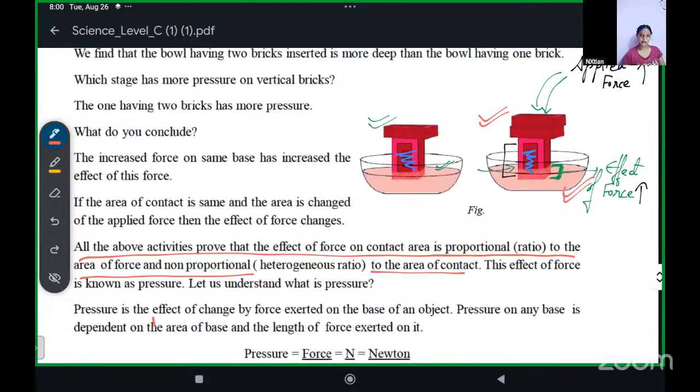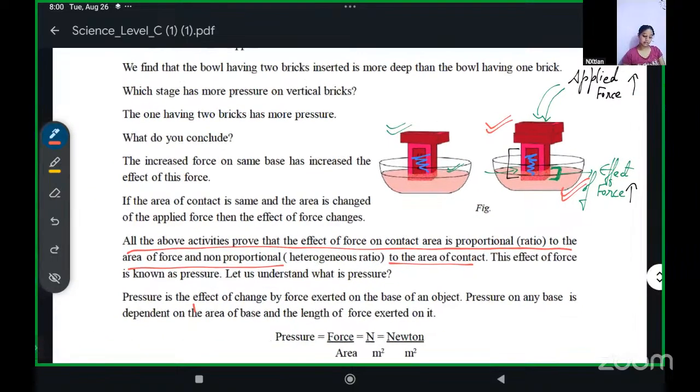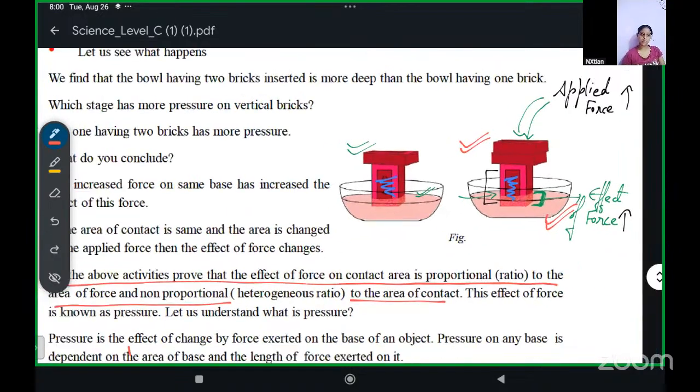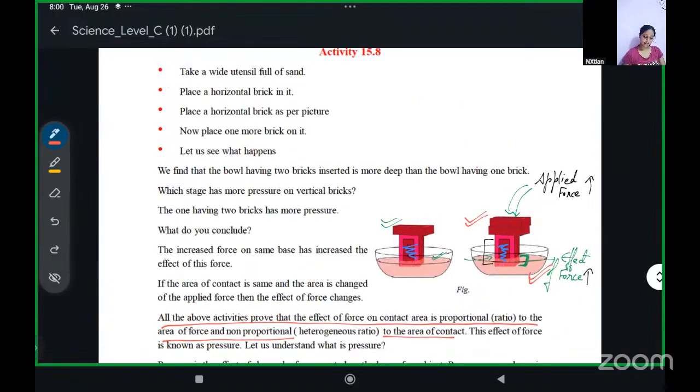But what is it inversely proportional to? The lesser the surface area, the more will be the pressure, and the more the surface area, the lesser the pressure.